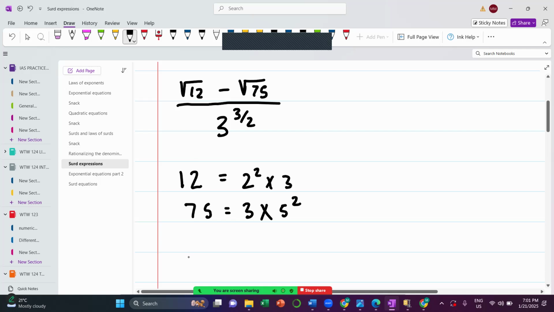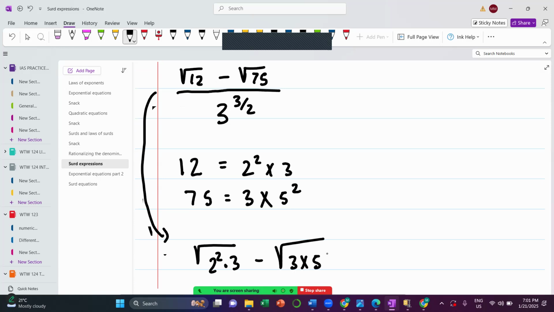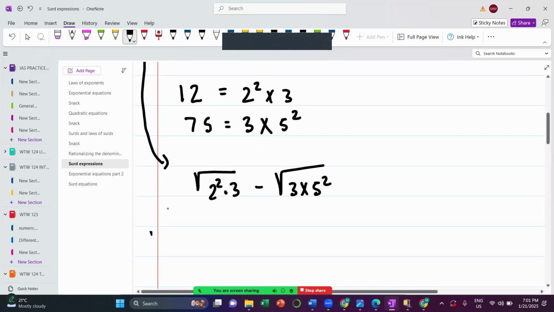So now we can continue this here and say, we're going to have the square root of 2 squared times 3 minus the square root of 3 times 5 squared all over 3 to the exponent of 3 over 2.